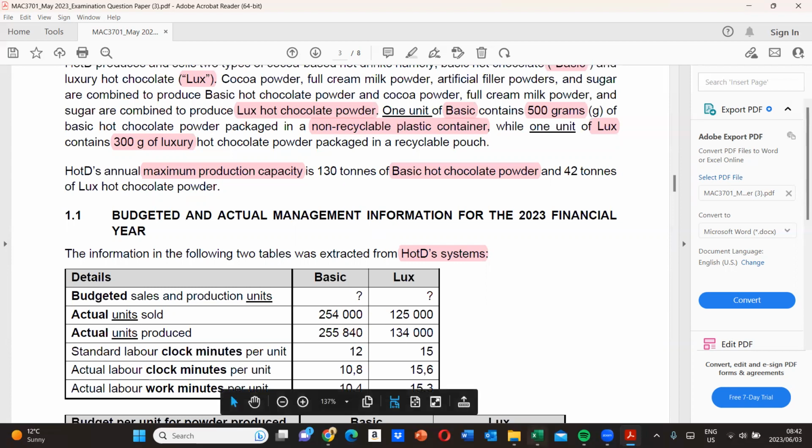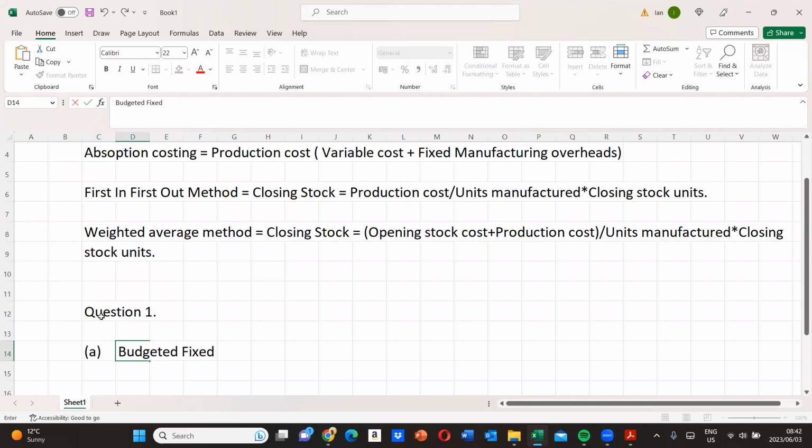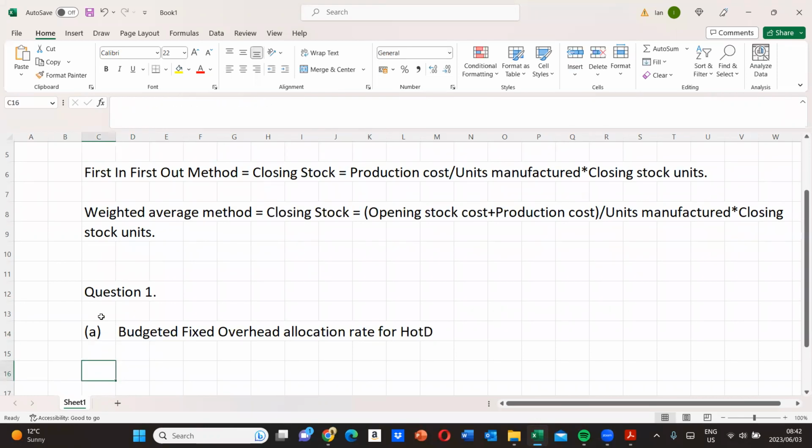To guide you, you can write down your formula there. So this is question 1, part A. We're looking at the budgeted fixed overhead allocation rate for part D. How do we do the allocation rate?